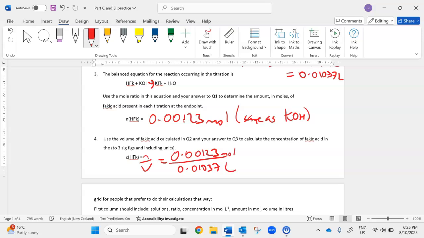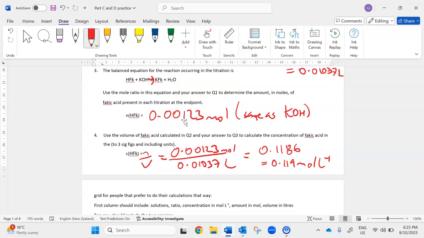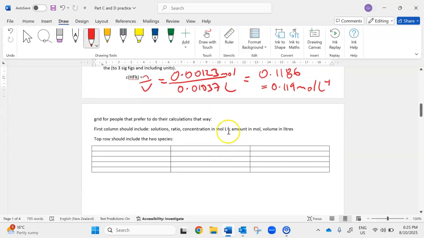This is mole, this is litres, giving us 0.1186, which to three significant figures is 0.119 in unit moles per litre. You can do it that way. You can also use the grid, but you have to draw the grid yourself.